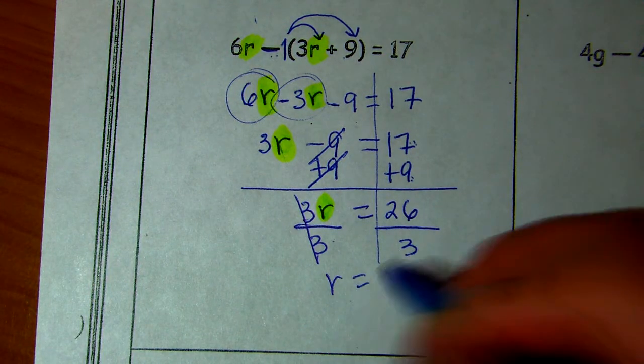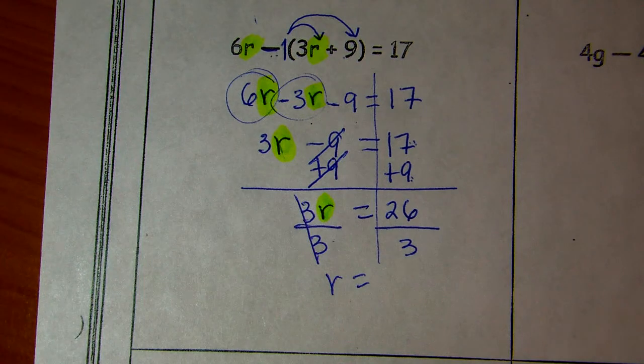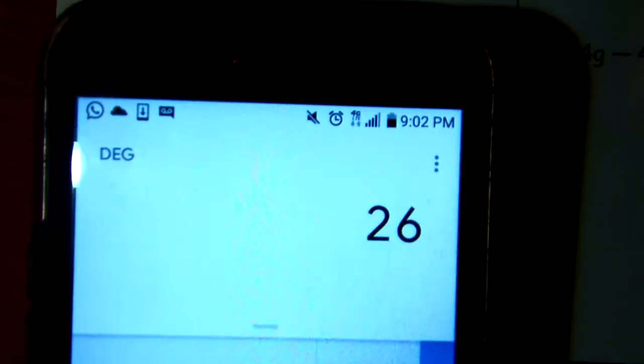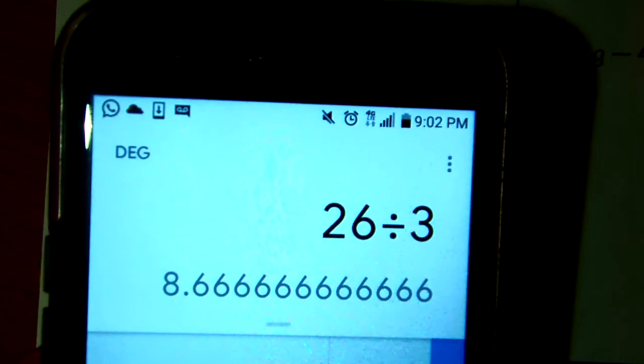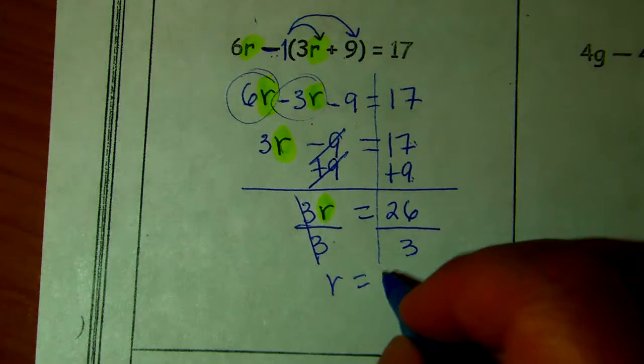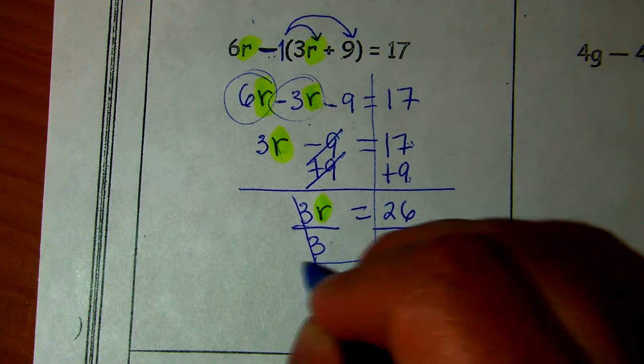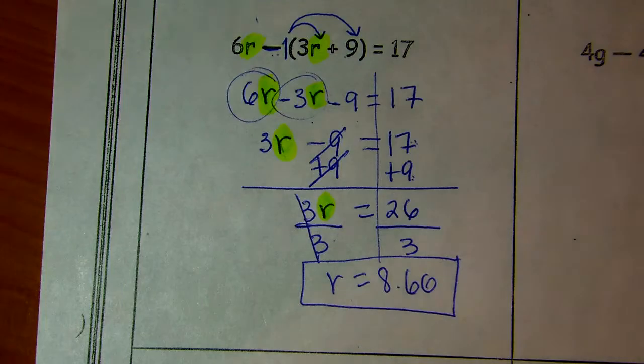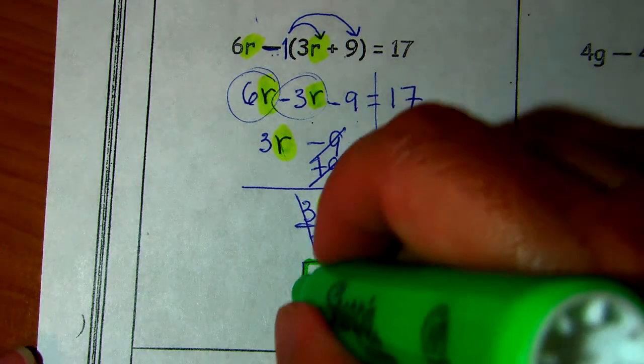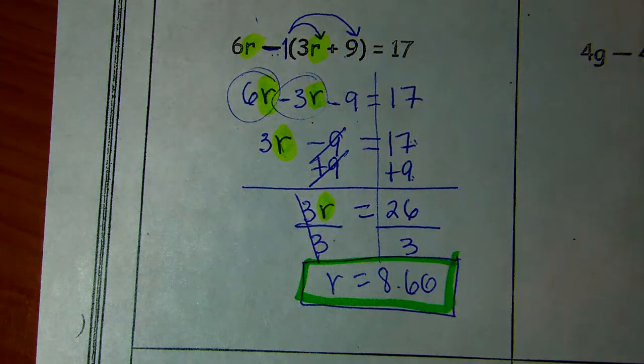So R equals 26 divided by 3, which gives you 8.66. Okay, so remember, we don't have our calculators that we have in our classroom, so we'll just leave it like this as a decimal. Okay, let's do the next one.